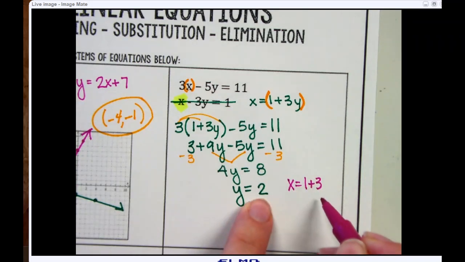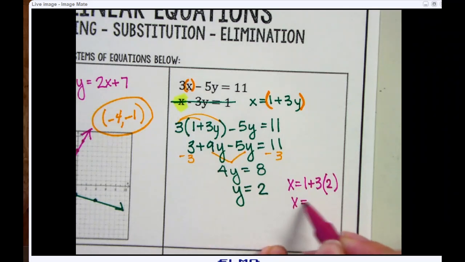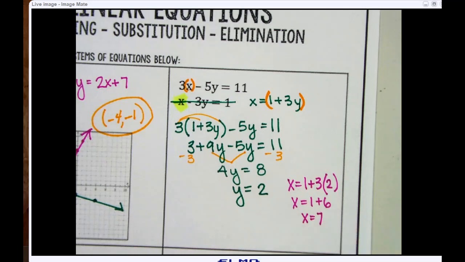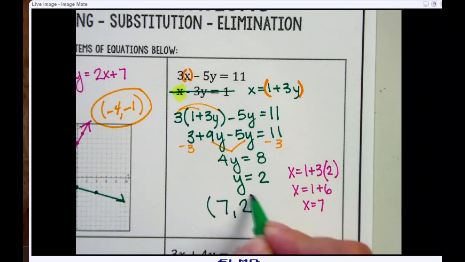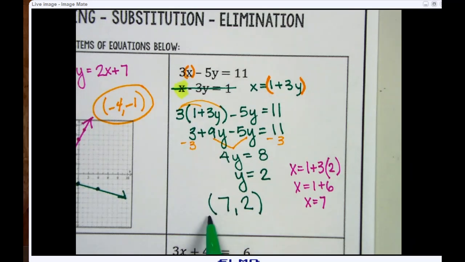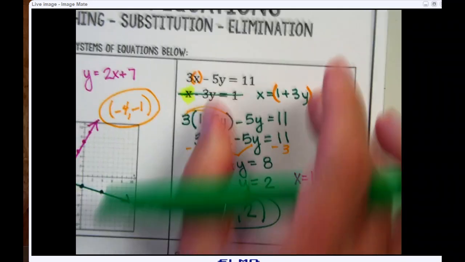What is y? 2. So x is 1 plus 6. So x is 7. When you type this in, make sure you have your x value first and your y value second. X and then y. Questions on that?